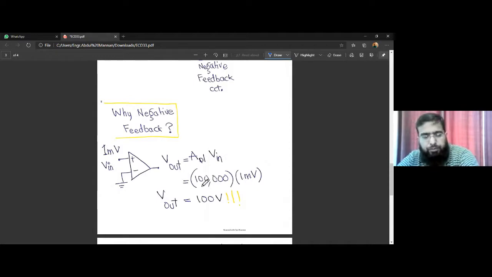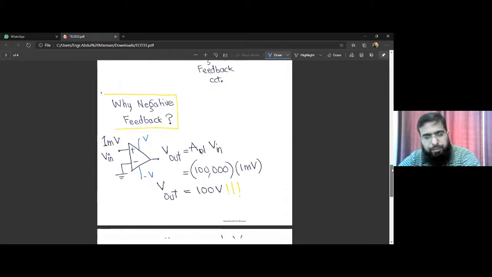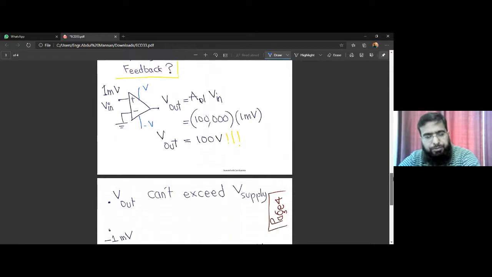If AOL is 100,000, the output would be 100,000 multiplied by 1 millivolt, which is 100 volts. Of course, it cannot be 100 volts because the output will be limited by the DC voltage we have applied for biasing. So the biasing voltage always limits these outputs. It will be limited at the biasing voltage.